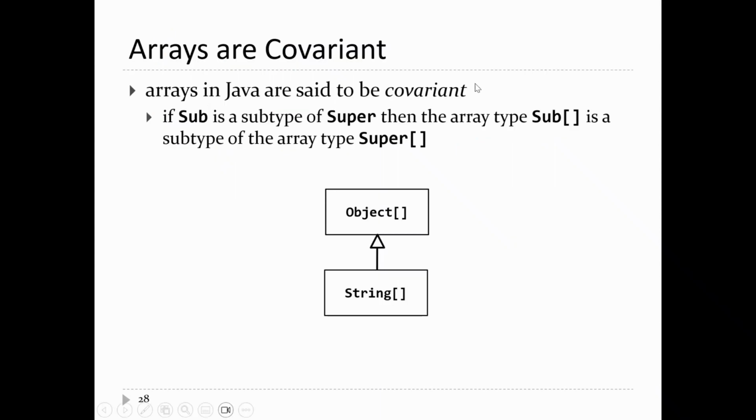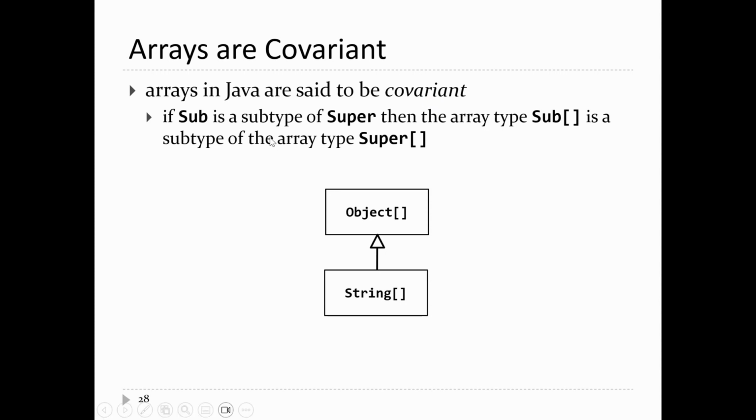Now what you have to be careful about is the fact that arrays and generic types don't play nicely in Java. So arrays in Java are said to be covariant. This is the first time you've seen this term in this course.